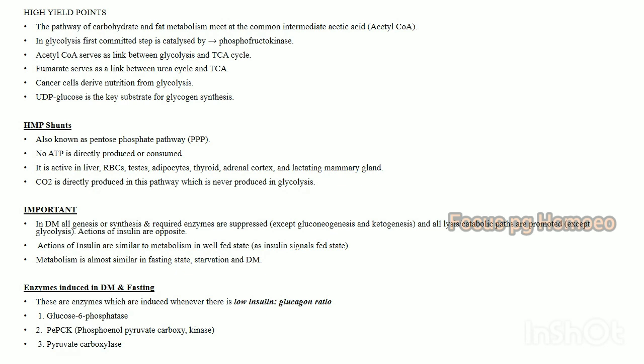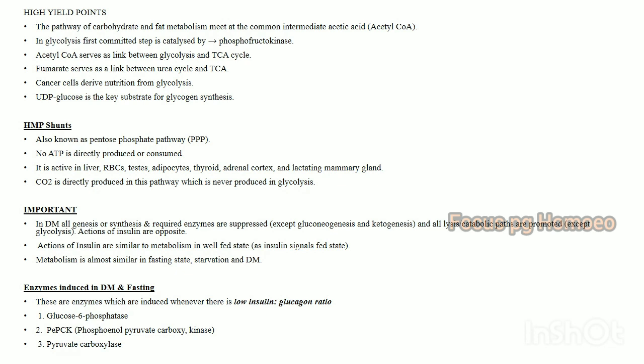In diabetes mellitus, all the genesis or synthesis pathways and required enzymes are suppressed, except gluconeogenesis and ketogenesis. That process is ongoing. Lysis and catabolic pathways are promoted here, so the actions of insulin are opposite. In a hyperglycemic state, insulin becomes active and allows the breakdown of the product so it gets consumed by the cells.